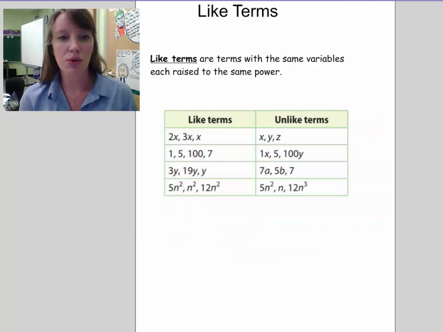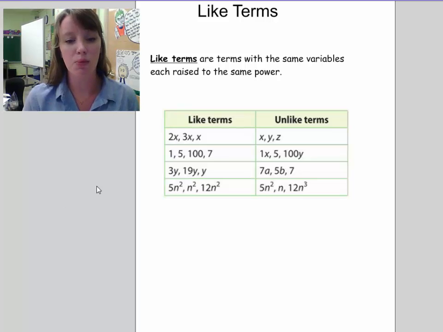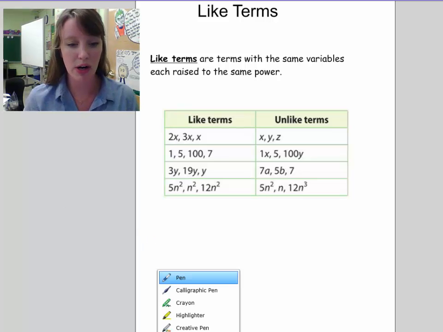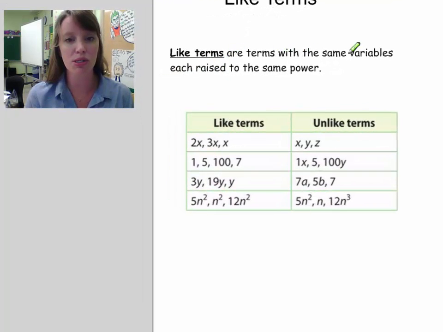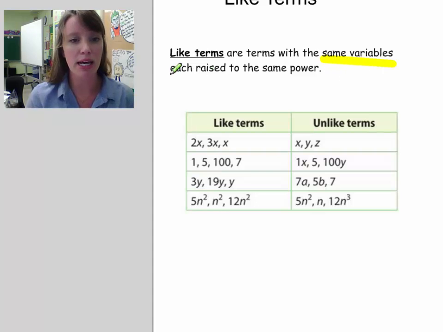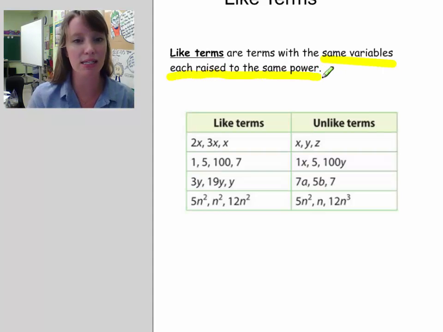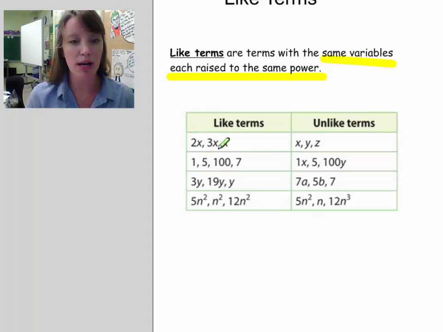Okay. So the first thing we need to know is what like terms are. And you might have gone over this in 7th grade, but let's just go over it again. Like terms are terms with the same variables. They have to have the same combination of variables, and each of the variables has to be raised to the exact same power. So things that are like terms: 2x, 3x, and 1x. The coefficient in front of this x is 1.